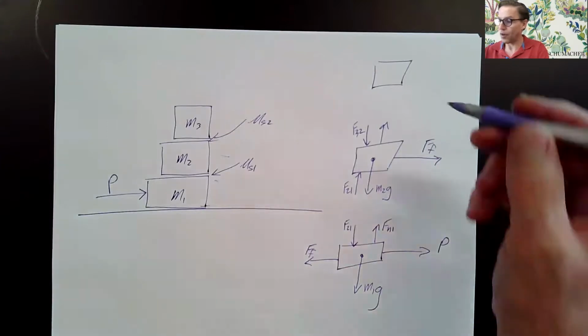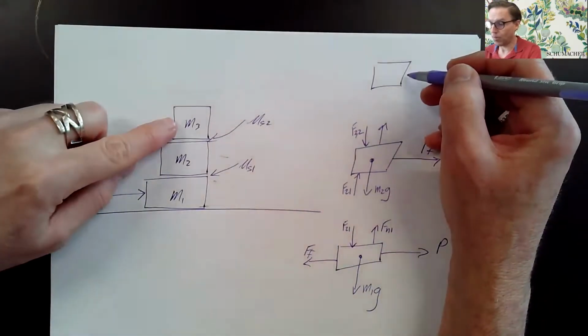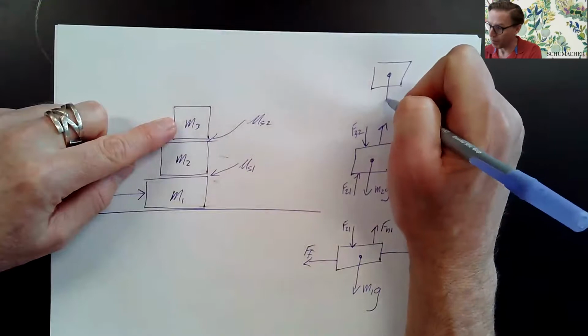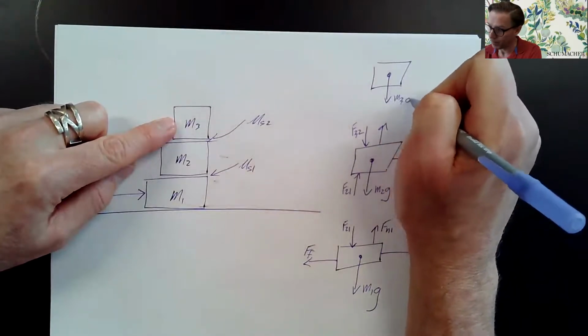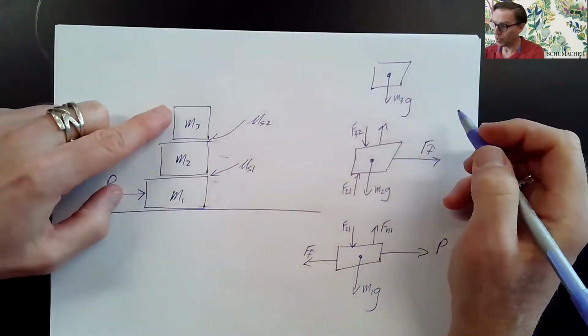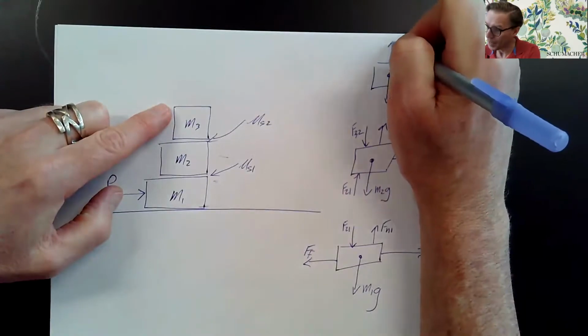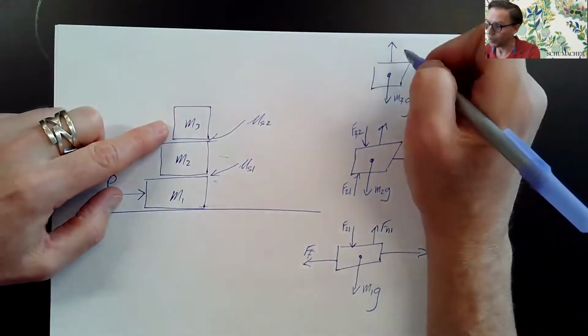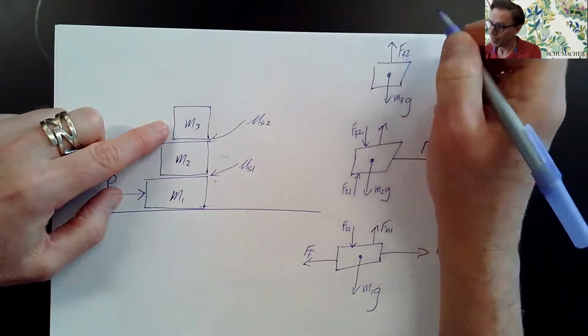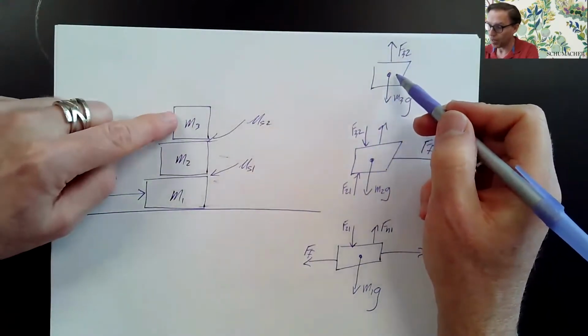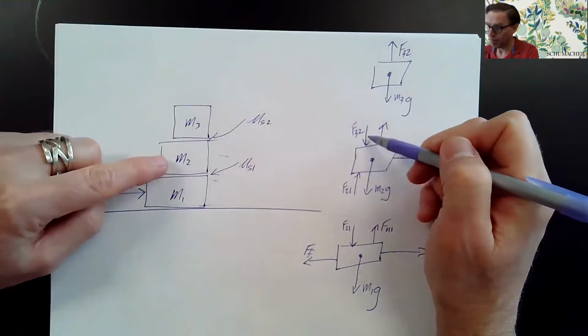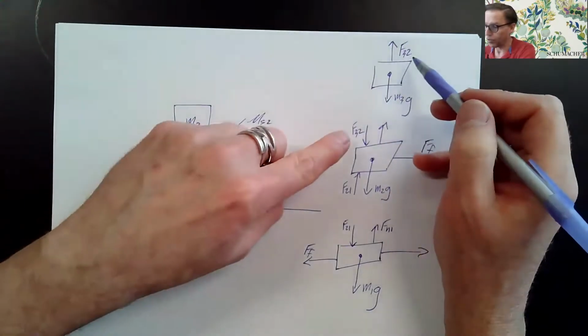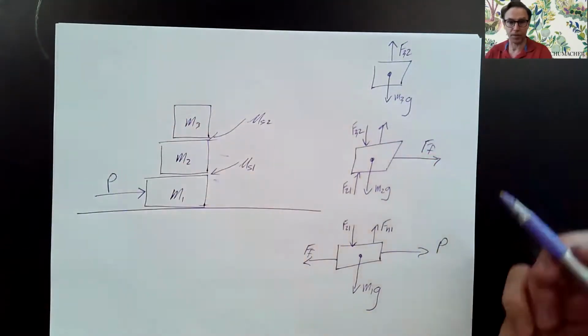Now let's go up to this one. Who pushes block M3? Earth pulls block M3 down. And M2 pushes M3 up. That could be FN3, but I'm going to call it F32, because this is top block pushes middle block down, middle block pushes top block up. Those two should be the same number of newtons.